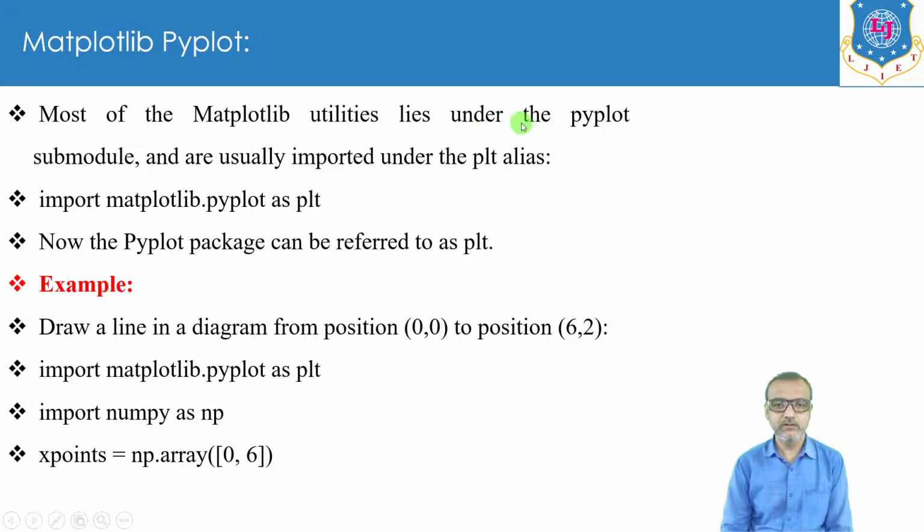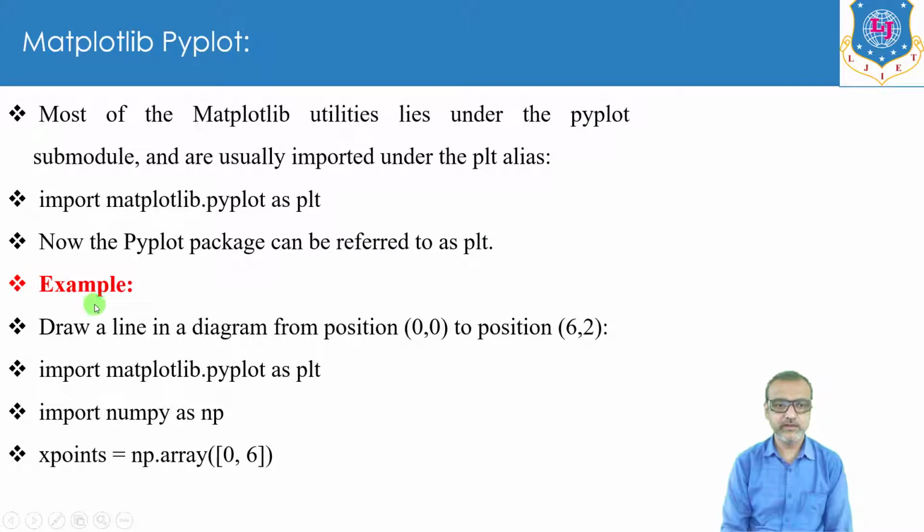Hence, we will import pyplot using the aliasing name plt. How? That is this one: import matplotlib.pyplot as plt. To import pyplot, we will write down this statement. plt is nothing but the aliasing name of pyplot. Now the pyplot package can be referred to as plt.